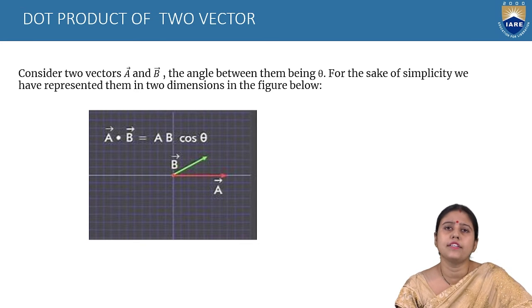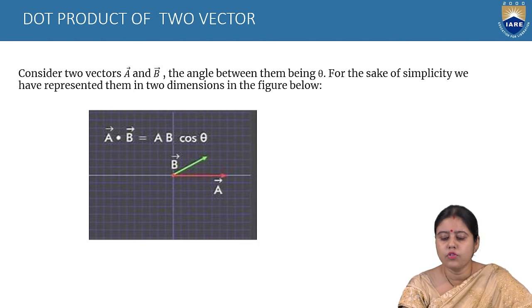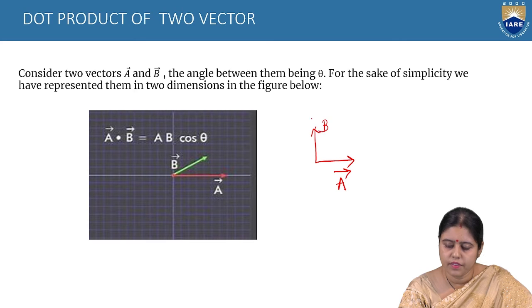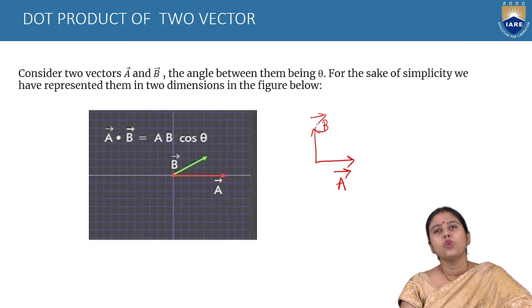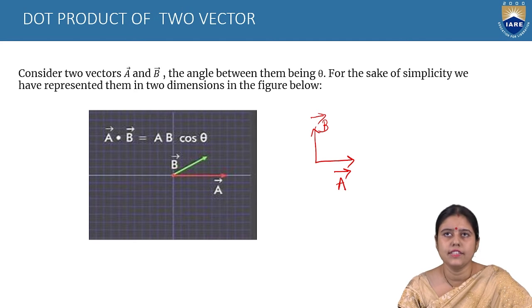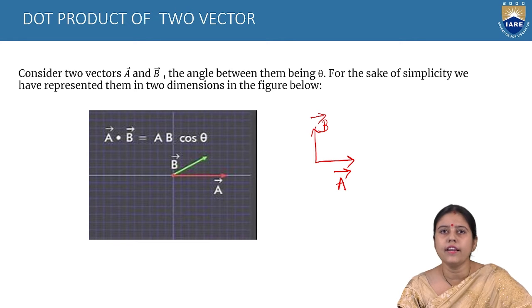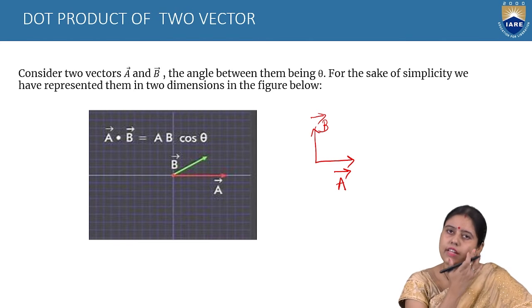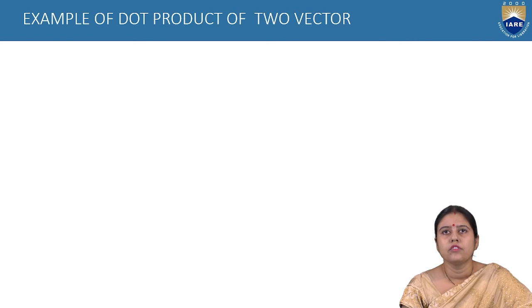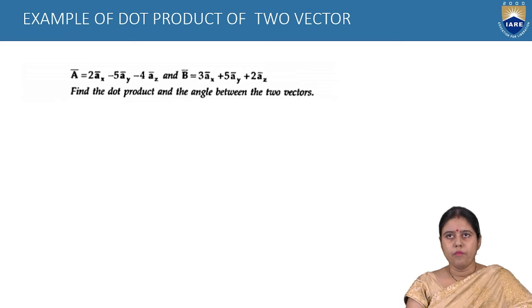If two vectors are perpendicular to each other, the angle between them is 90 degrees, and we can write ab cos 90, and ab cos 90 means it is 0. Okay.